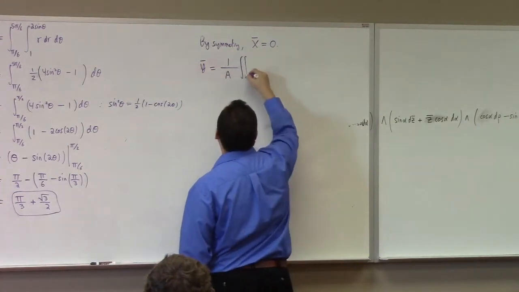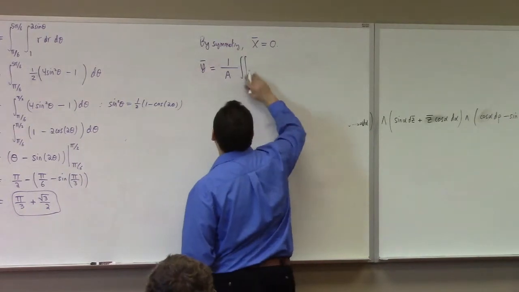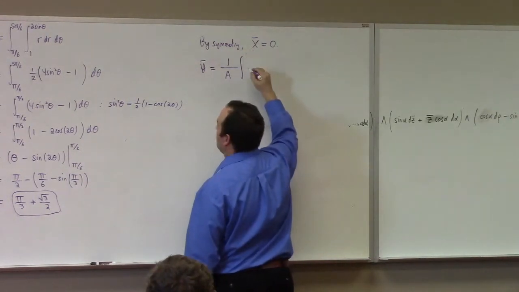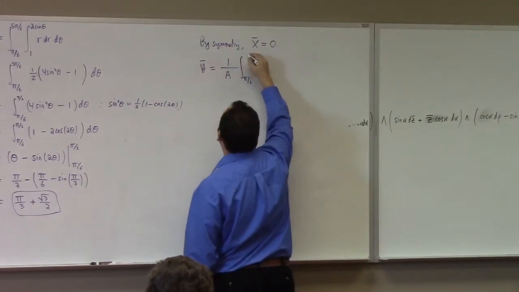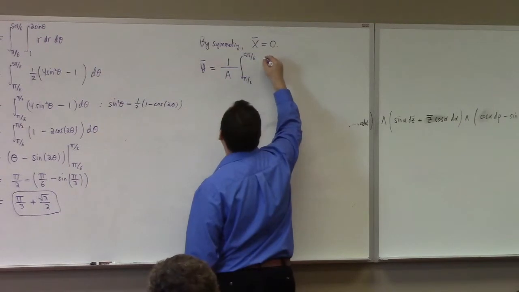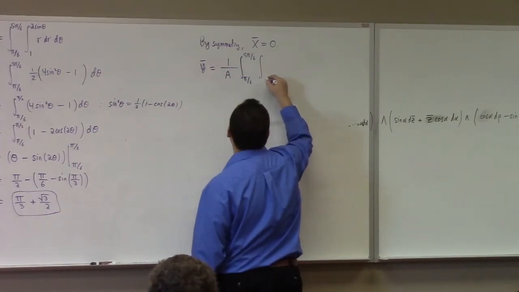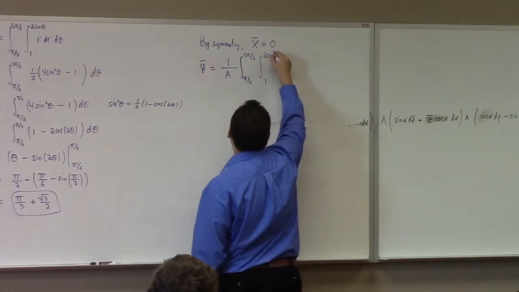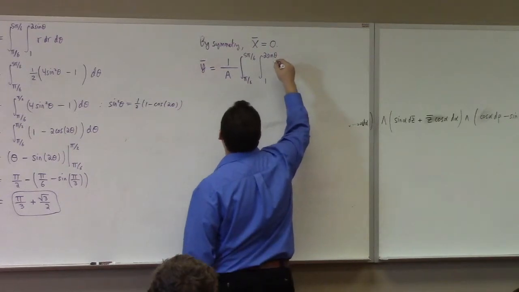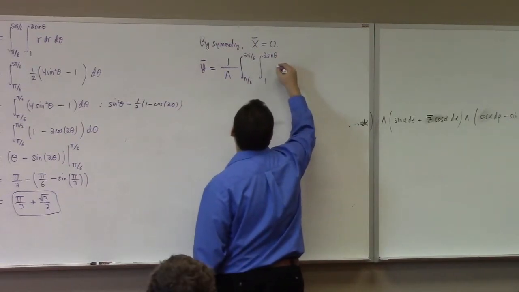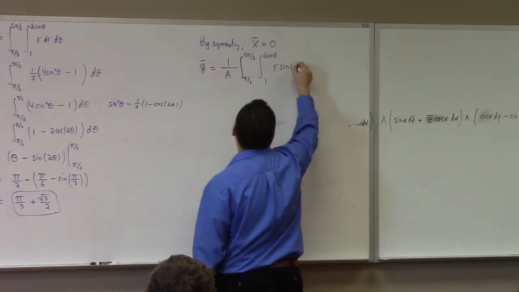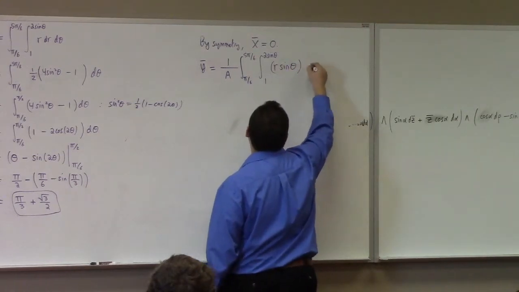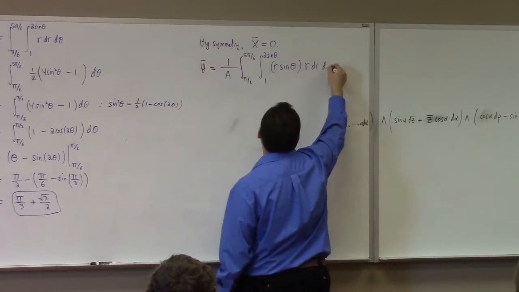Integral over omega, but what is that integral? That integral is pi over 6 to 5 pi over 6, integral from 1 to 2, and now we have y, which is r sine theta, and then r dr d theta.